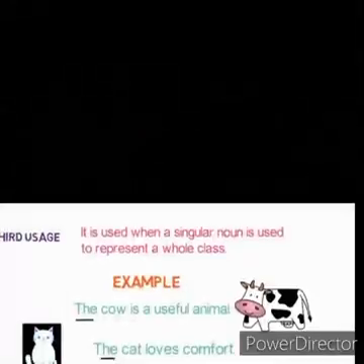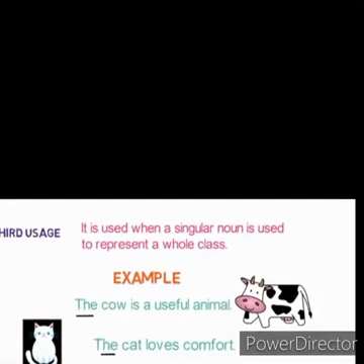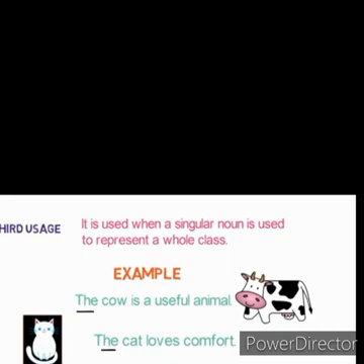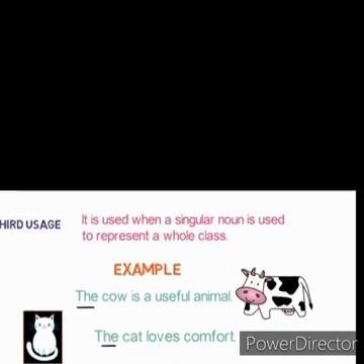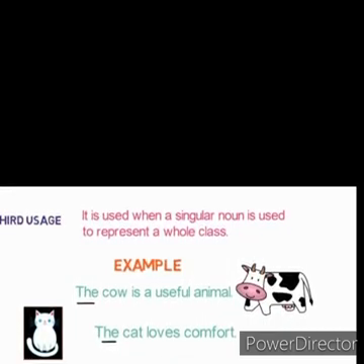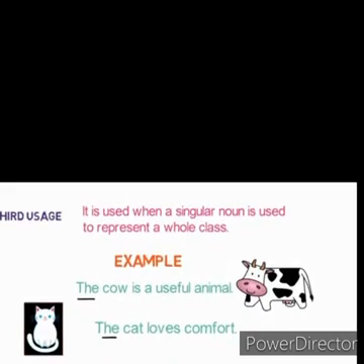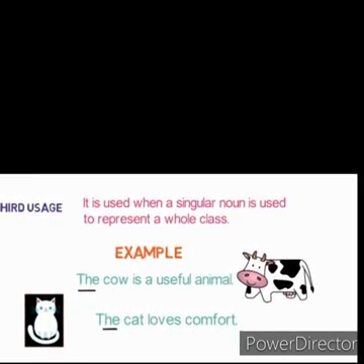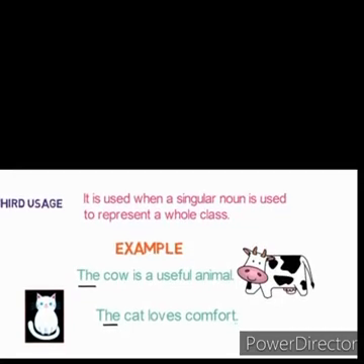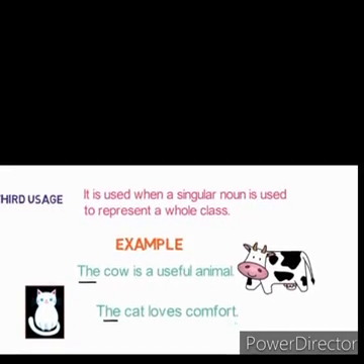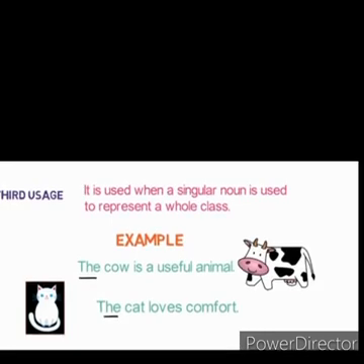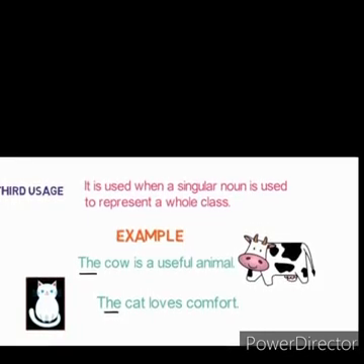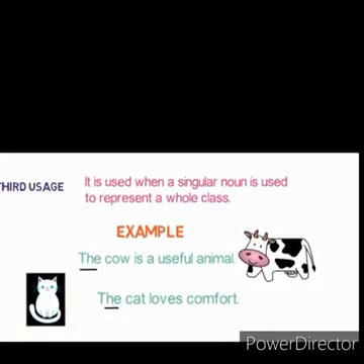Thirdly, article the is used when a singular noun is used to represent a whole class. This means when a singular noun will represent a whole class, then also we will use article the. For example, the cow is a useful animal.